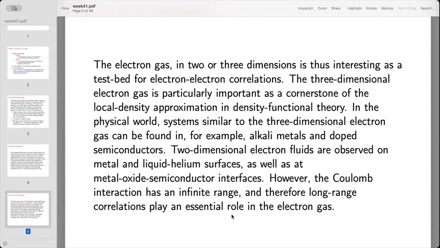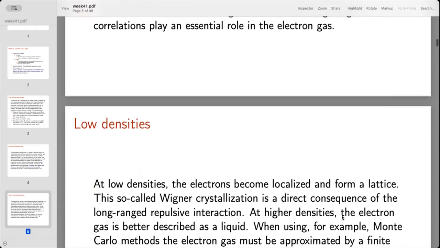There are also some technicalities which lead to results that are not that compatible with what we see experimentally. One has to deal with the long range, or infinite range, of the Coulomb interaction. We are coming back to that a little bit later.